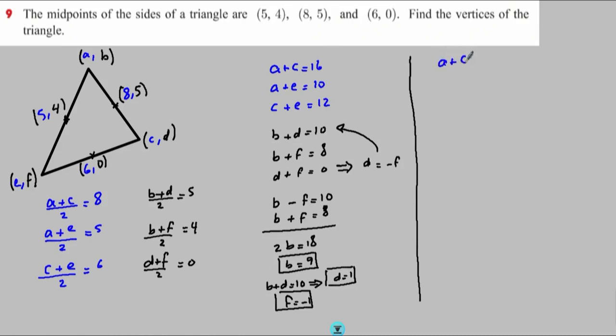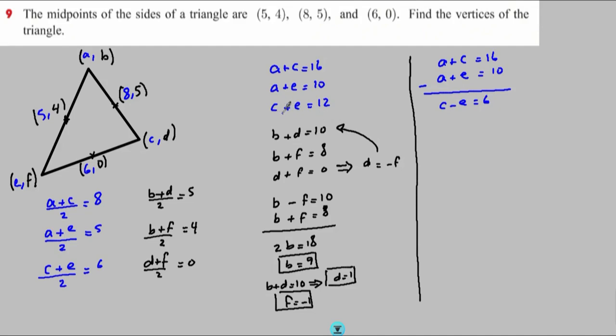A plus C equals 16 and A plus E equals 10. We can eliminate the A and end up with an equation containing C and E, which in turn can be solved with this one. So subtracting those two equations, A minus A, they cancel out, C minus E equals 16 minus 10, which is 6.